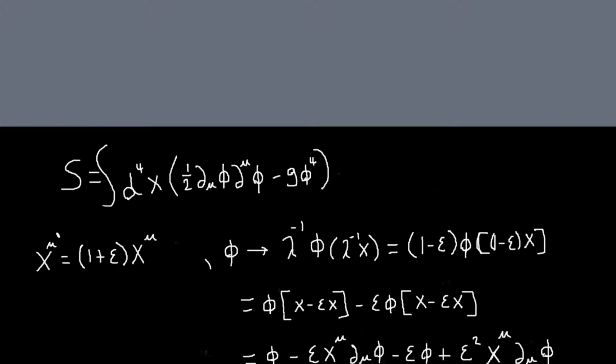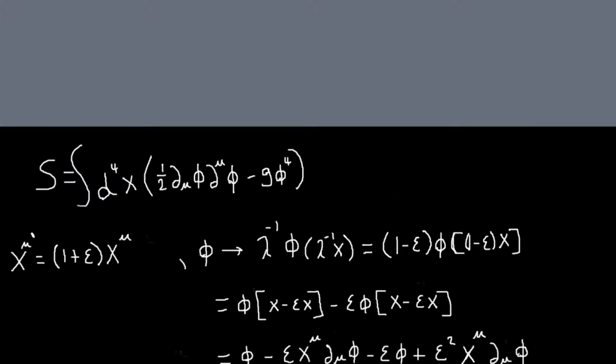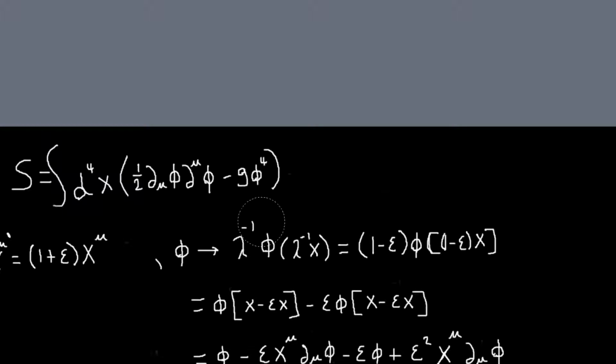So we can just write lambda as 1 plus epsilon, where epsilon is very small. Then our field will transform like this. The inverse of lambda in this case will be 1 minus epsilon, and so our phi will become this. Then I can distribute, so I'll have two terms when I distribute into this 1 minus epsilon. It'll look like this.